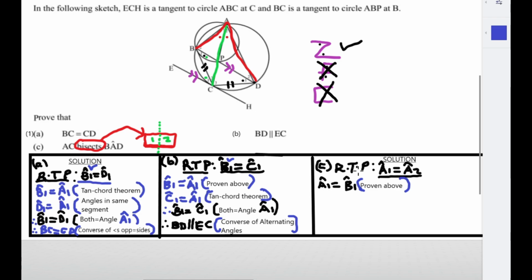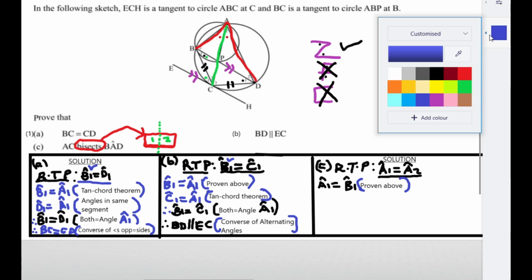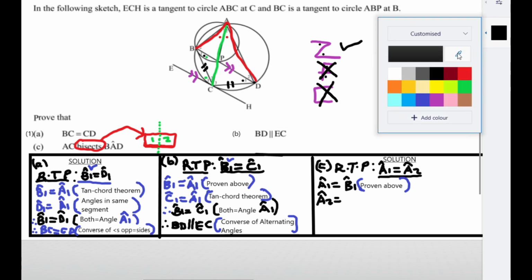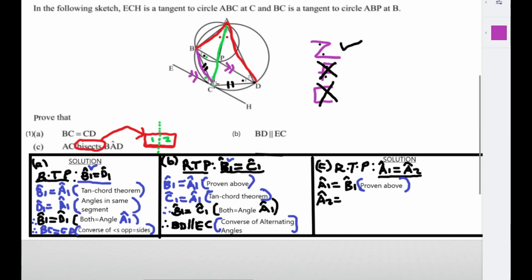Now let's go to angle A2. What is angle A2 equal to? Angle A2 must be equal to angle B1 also, because of angles in the same segment. Can you see the bow tie, guys? Look at this bow tie that I'm indicating in pink.